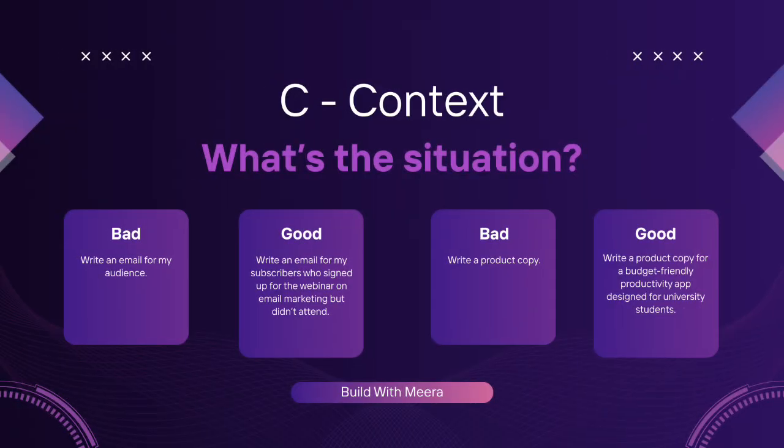Context gives the AI information about the situation, audience, and goals. By providing context, you are removing the guesswork that the AI will do to fill the voids created when these are missing. For instance, when I say "write an email for my audience," the AI doesn't know my audience.